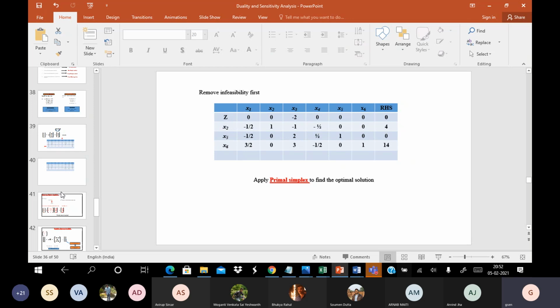So now I'll give you some assignments to practice. These assignments will be on revised simplex method, the duality, the sensitivity analysis, and on complementary slackness, weak duality and strong duality, and the dual simplex method.